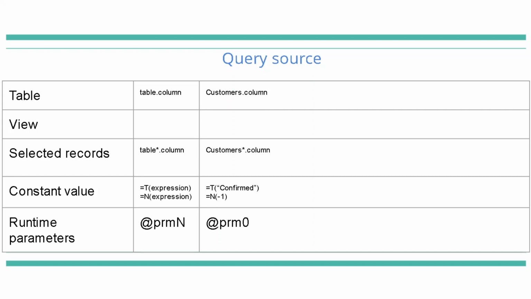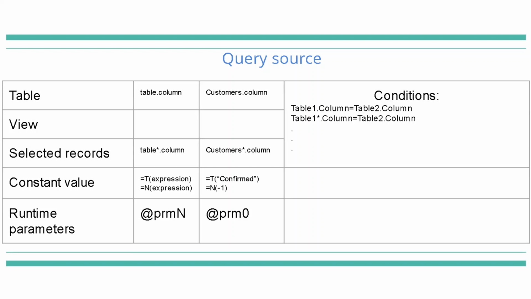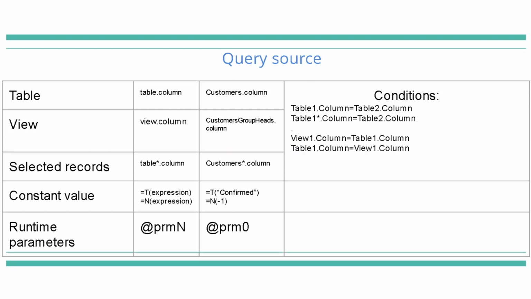A column for any table participating in the query in the format of table.column or table**column. The asterisk format means just rows selected prior to running the query. Or table1.column equals table2.column, or view.column, which can be on each side of the equal sign too.